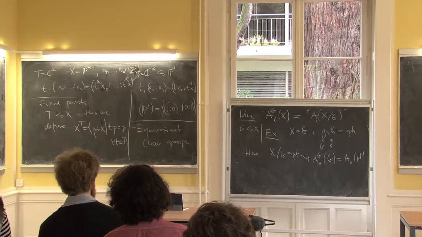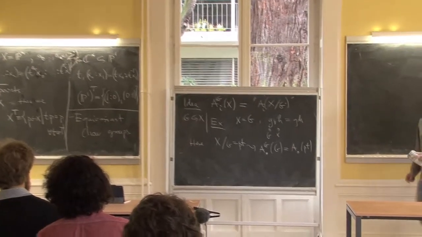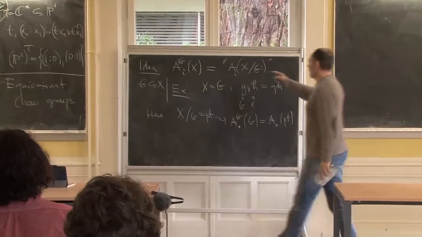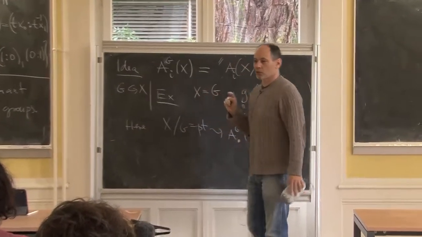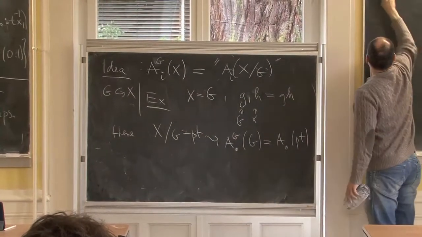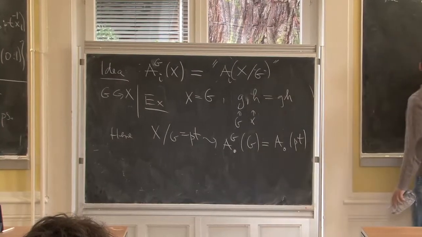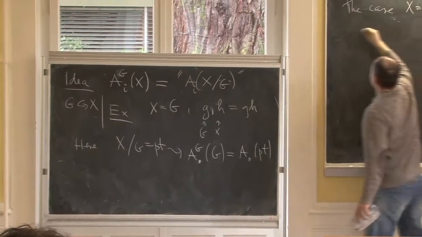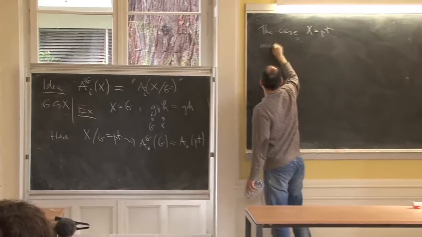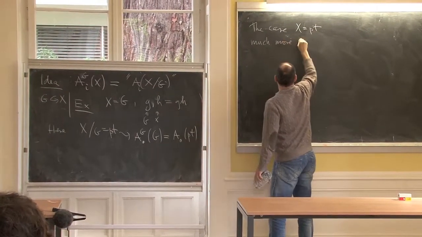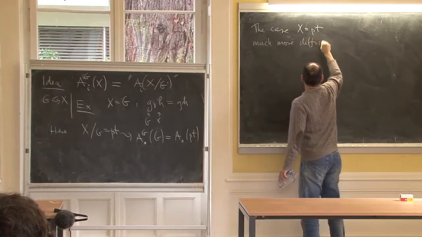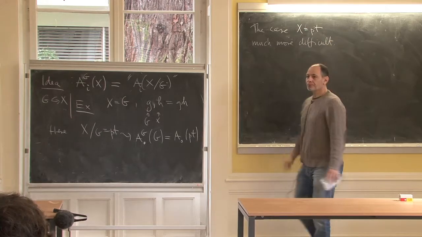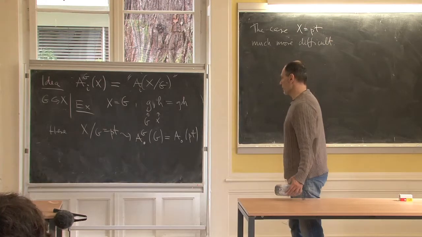And unfortunately, already a seemingly much more trivial thing, when I have X, which is a point now, is much more complicated. So the case X equal a point is much more complicated. And this is what I'm going to be discussing now.